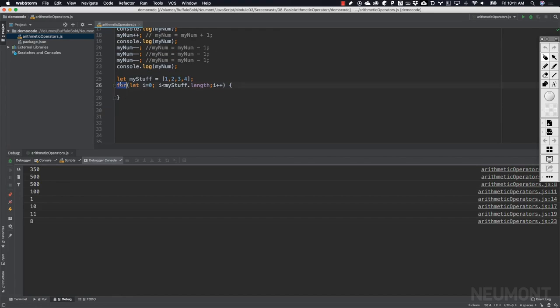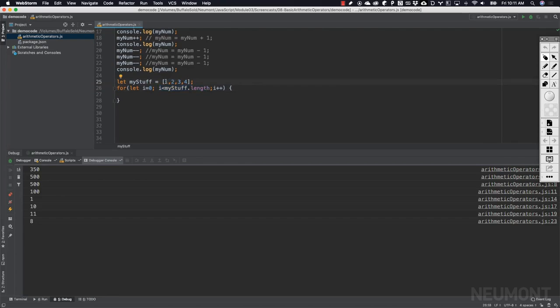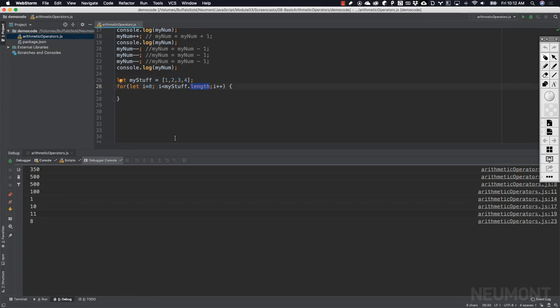If you've learned about for loops, you'll see that we're going to create a counter right here. We're going to check that counter against the length of our array. In this case, we've got 1, 2, 3, 4 indexes in our array. And if i is less than the length of the array, so if our counter is less than the total number of items inside of our array, then we're going to go ahead and increment by 1 and then do stuff in here.